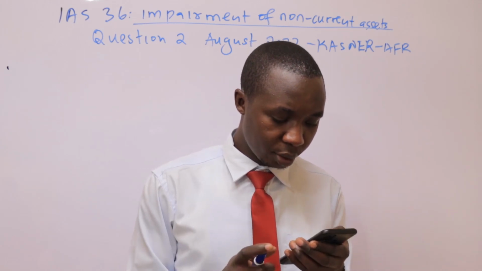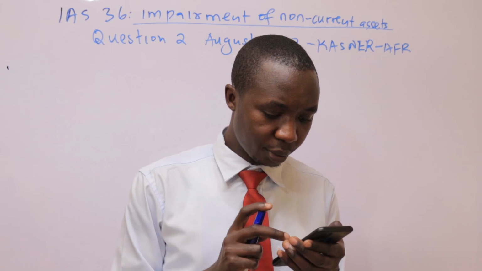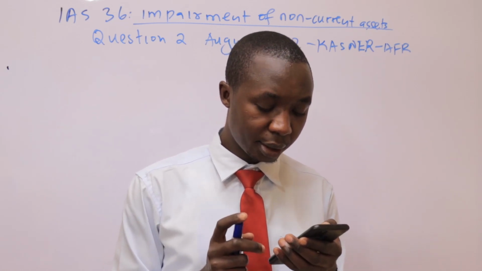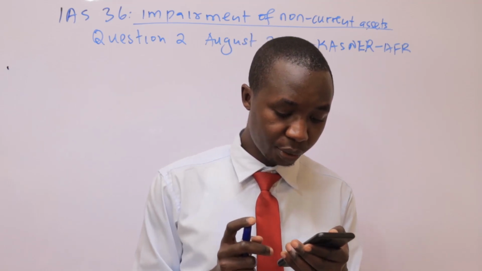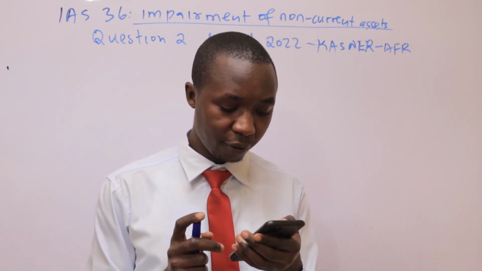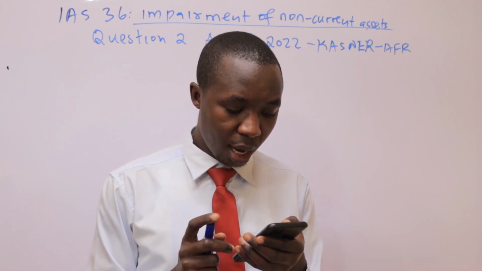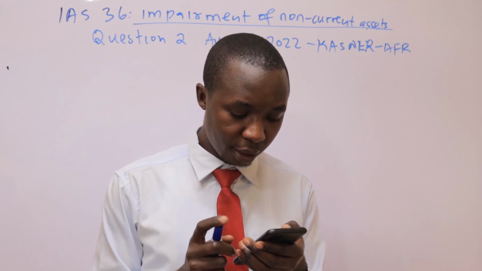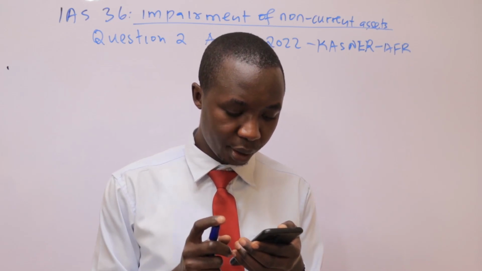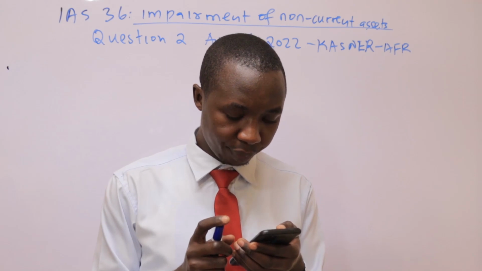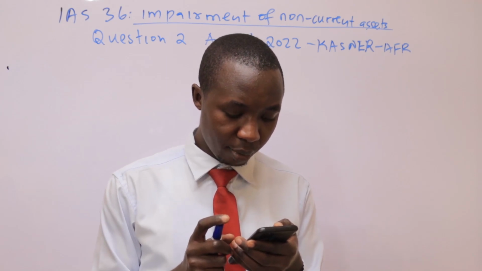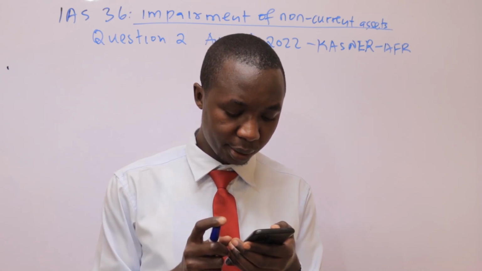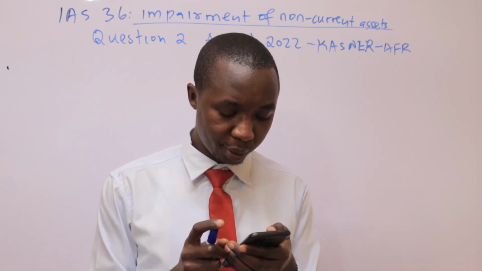Additional information: 1, an impairment review revealed a net selling price of 19,200,000 and a value in use of 31,200,000 for the factory. 2, half of the machinery had been destroyed and has no resale value. 3, the patents have been superseded and are now considered worthless. 4, the company follows the cost model as permitted by International Accounting Standard 16, property, plant and equipment.